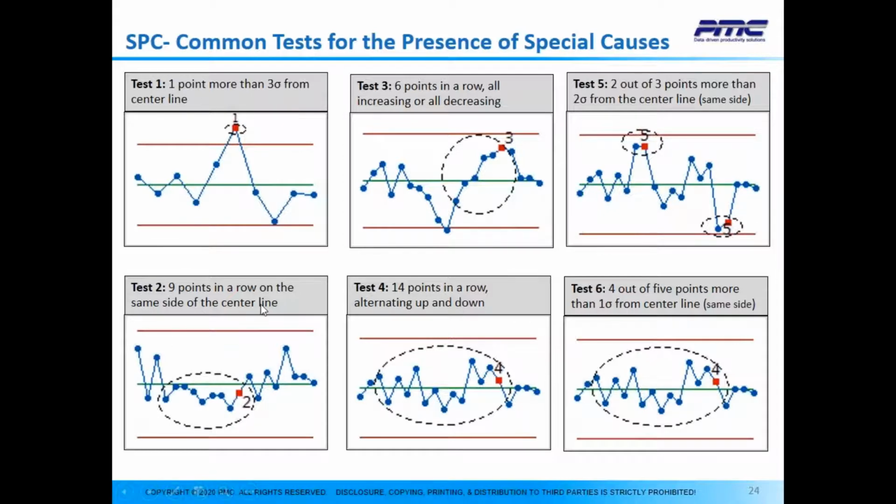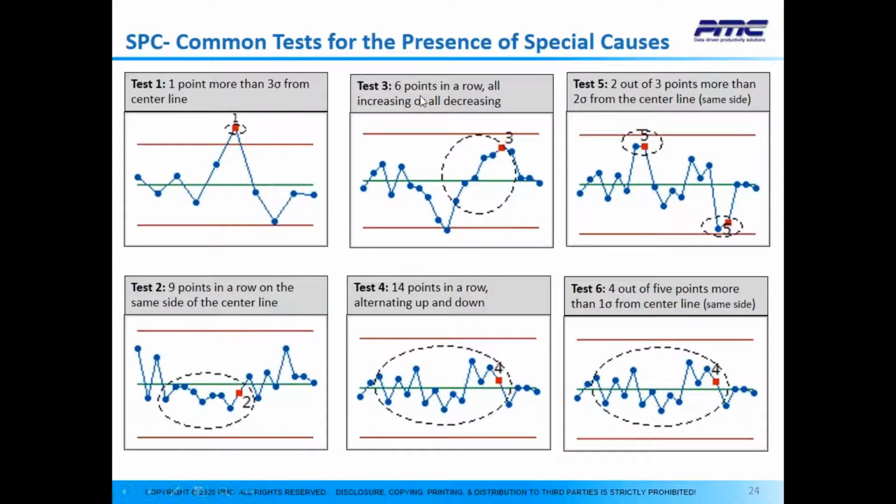It says again the same side of the center line. It doesn't say 1 standard deviation, 2 standard deviation, or 3 standard deviation below the center line. It says if you have 9 points in a row on the same side of the center line, you have a special cause that you need to react on.